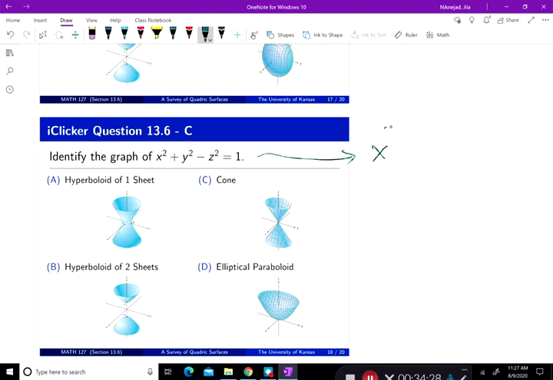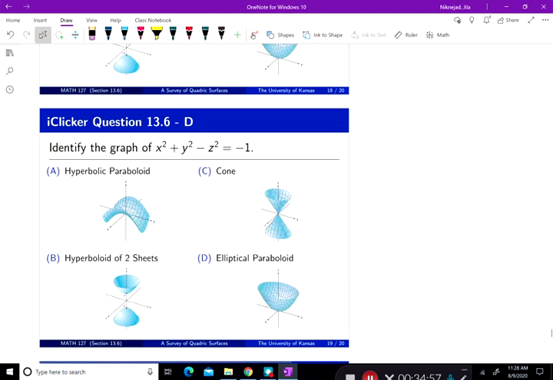Basically, here I get x squared plus y squared equal to z squared plus 1. And if I cross the surface with z equal to a constant, for all values c, I will get ellipses, or basically this time circles. So A is the answer.